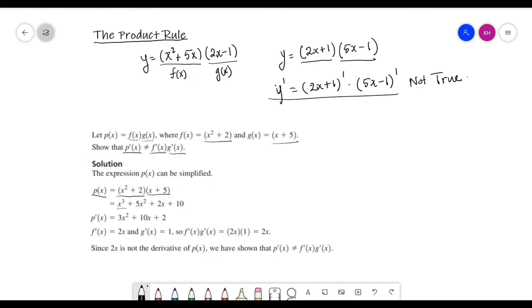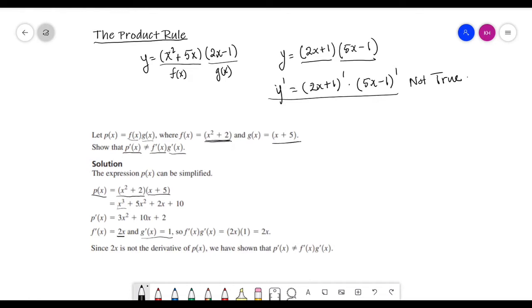And if I have to find the derivative of this using the rules that we learned in the previous lesson, we can say that the derivative is 3x squared plus 10x plus 2. However, if I find the derivative of each of these functions f of x and g of x separately, what do I get? The derivative of f of x would be 2x and the derivative of g of x would be 1.